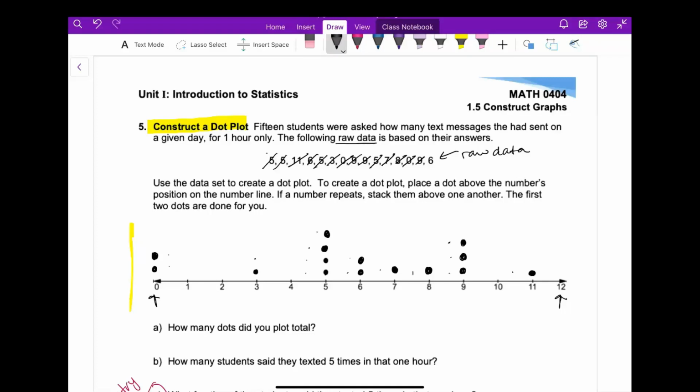And then I have 1, 2, 3, 4, 5, 6, 7, 8, 9, 10, 11, 12, 13, 14, 15 data points. So I know that I didn't miss anything. Now I'm ready to go back to my question. It says, A, how many dots did you plot total? We had 15 dots total.